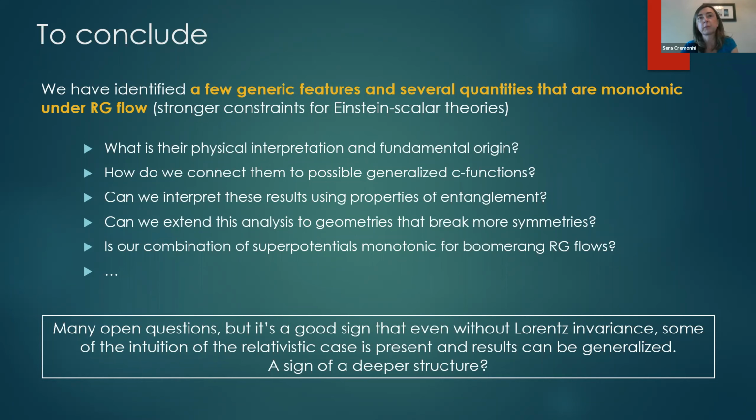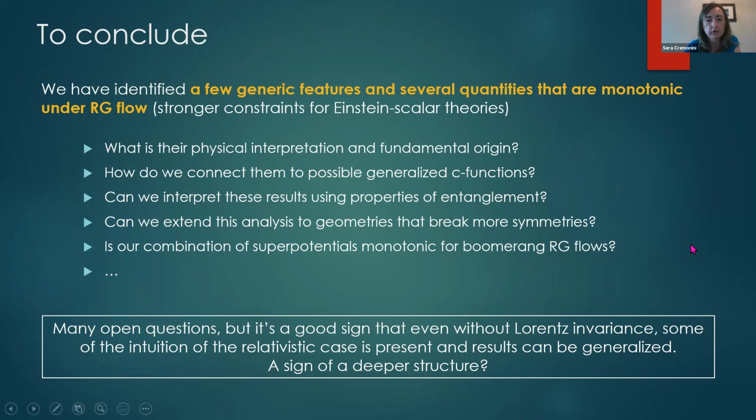They're also interesting because often, in the cases that have been looked at by Gauntlett and collaborators, they managed to go through some intermediate scaling regime, a hyperscaling violating non-relativistic scaling regime, which is even more interesting. So it would be nice to be able to test some of our combinations of superpotentials on those flows. The problem is that the matter that you need to obtain those flows is much more complicated, and we don't have a setup to do that yet. So it would be interesting to be able to do it.